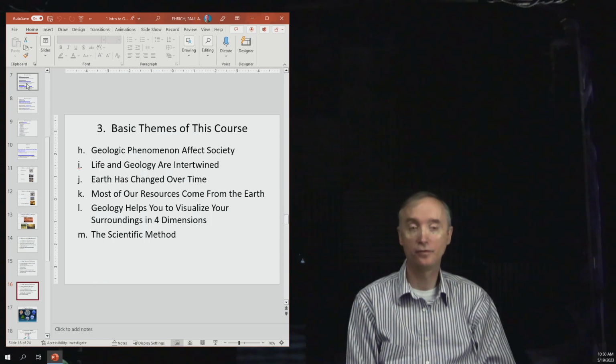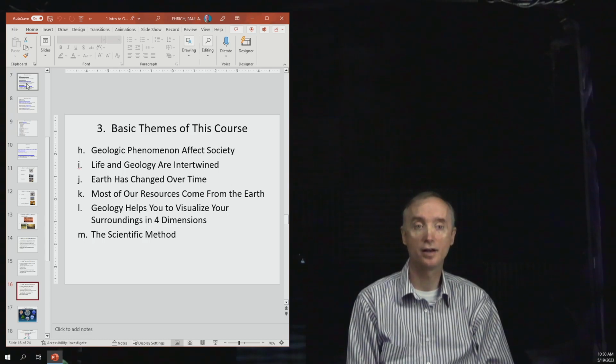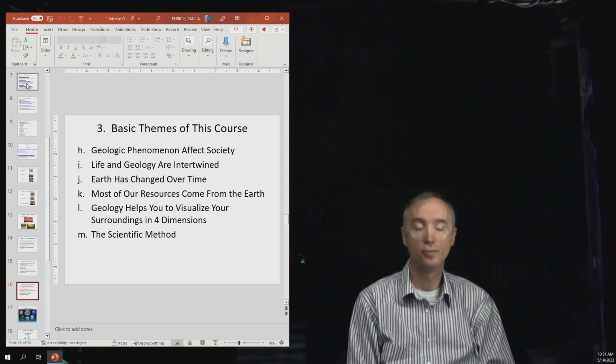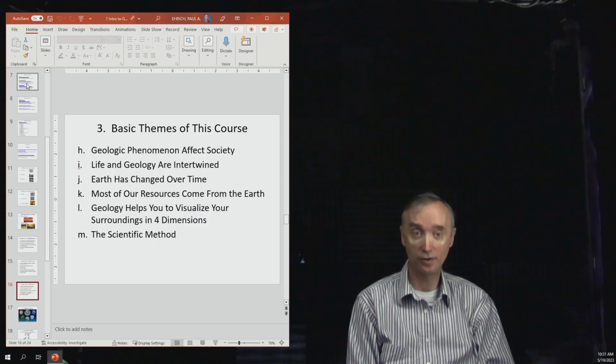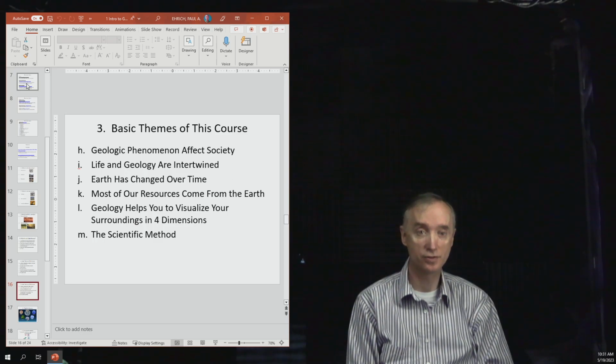Geological phenomena affect society. So on the news you hear about volcanoes, earthquakes, sinkholes, so all sorts of geological activities that affect us. Okay, then life and geology are intertwined. So one of the major events that occurred in the history of the Earth was when the first kind of bacteria that could produce oxygen appeared.